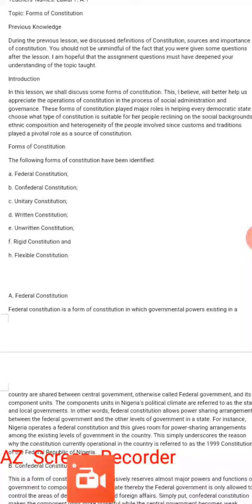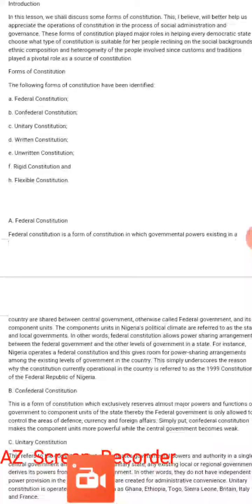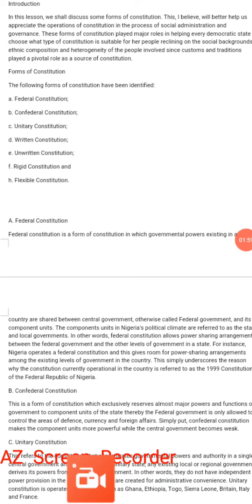It's noteworthy to mention that these forms of constitution played major roles in helping every democratic state choose what type of constitution is suitable for the people, relying on its social backgrounds, ethnic composition, population, as well as heterogeneity of the people involved, in as much as customs and traditions of a people played a major role as a source of constitution.